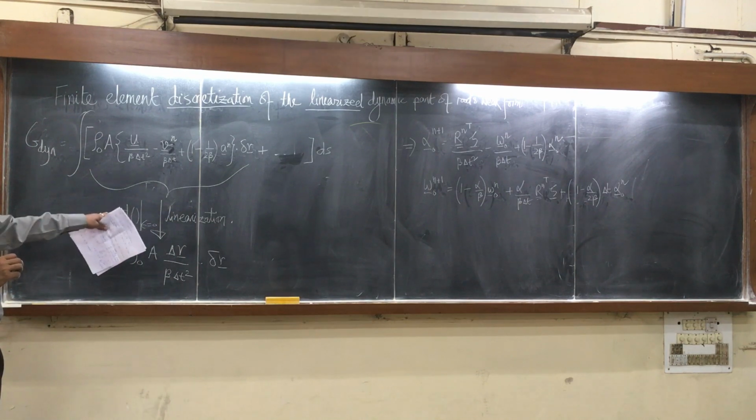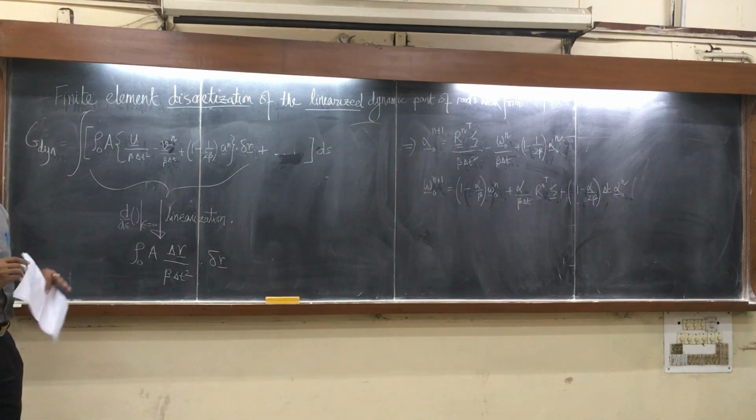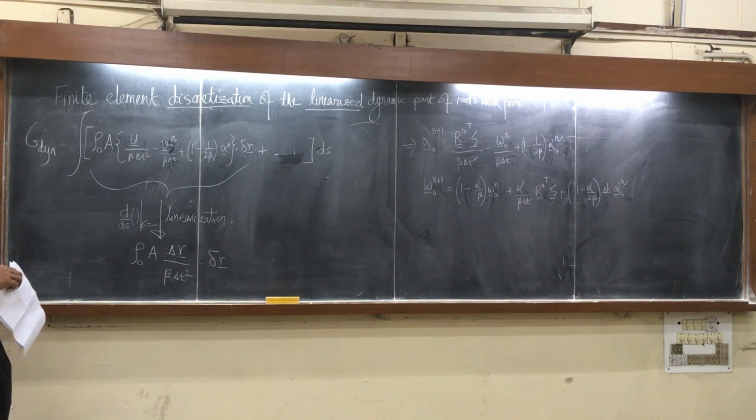This part was quite easy, but the next one is tricky. This perturbation was at a fixed time, because in the weak form we are dealing with spatial coordinates. Now actually, it's no more a time problem.